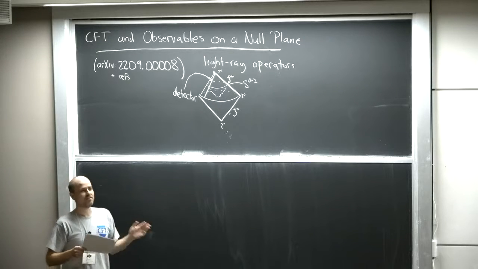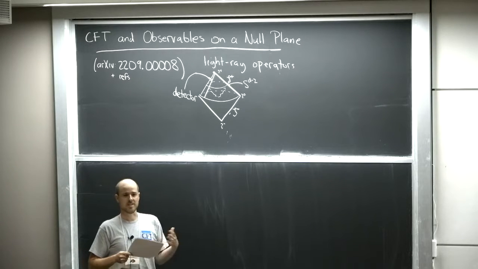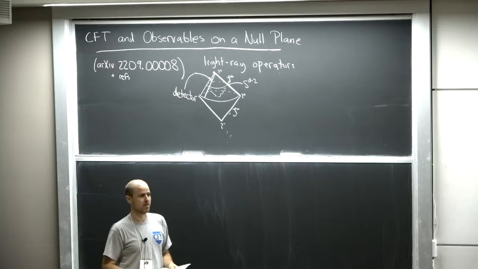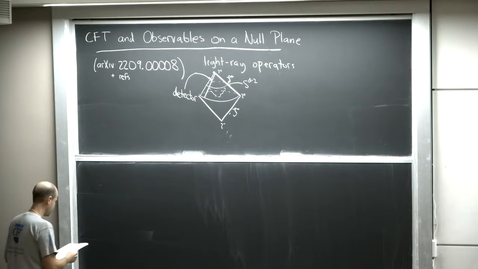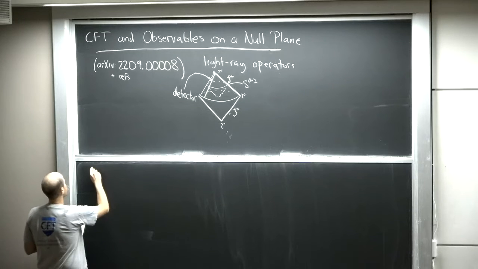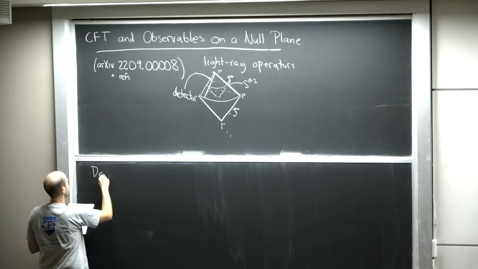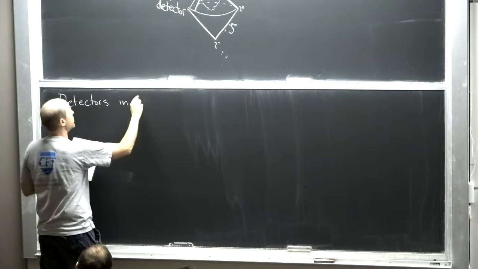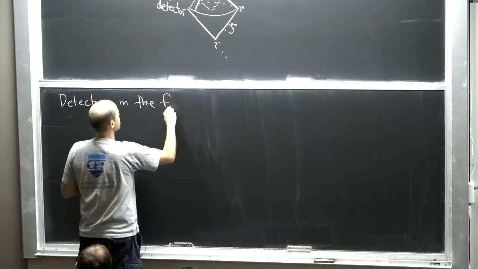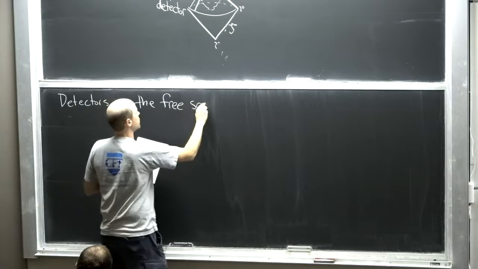But it is very convenient to work in the so-called detector frame, where you put your light ray operator along future null infinity. So that's what we're going to be doing for a lot of these lectures. Okay, so let's start by talking about detectors in the free boson theory, free scalar.